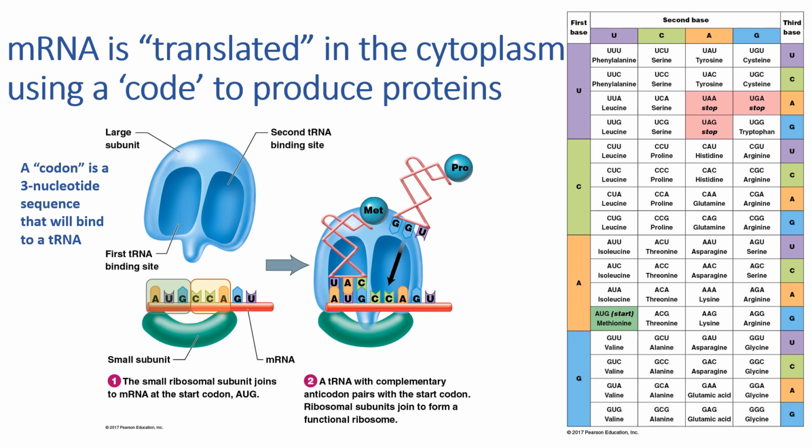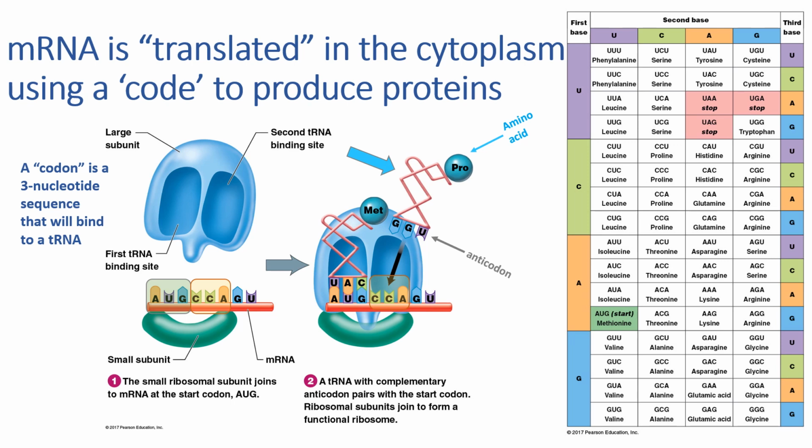The mRNA assembles around this ribosome, and a tRNA carrying a methionine, MET, amino acid will bind to the start codon. Another tRNA carrying an amino acid, proline, will move into a little pocket on the ribosome such that an anticodon can recognize the CCA codon.